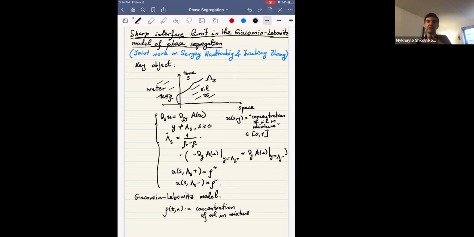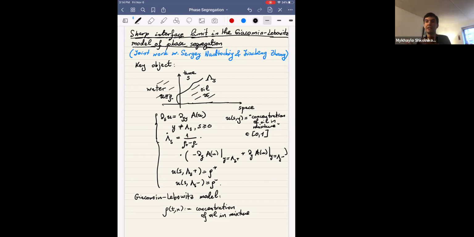So I start with an initial condition where u is constantly equal to rho minus on one side of my free boundary. And then I run the equation, and it's not hard to see that if I start at the equilibrium concentration in the water phase, it will stay at the equilibrium. So u will be equal to rho minus everywhere to the left of the boundary.